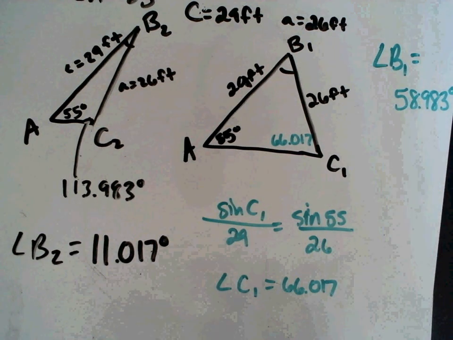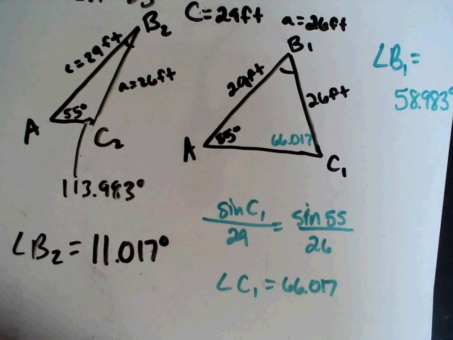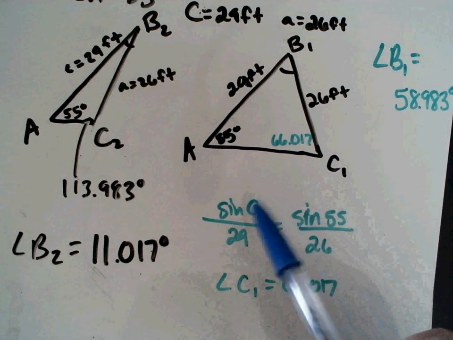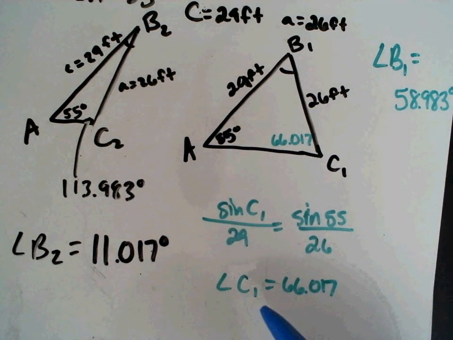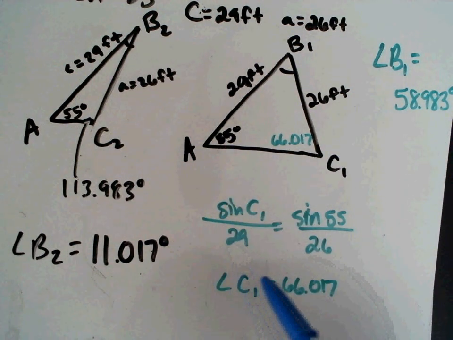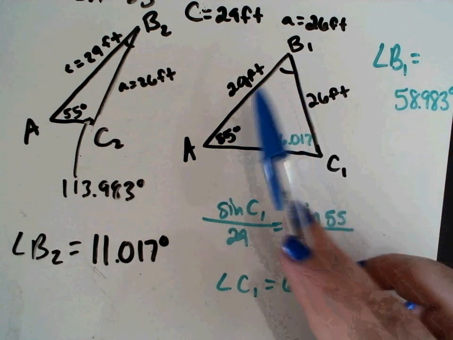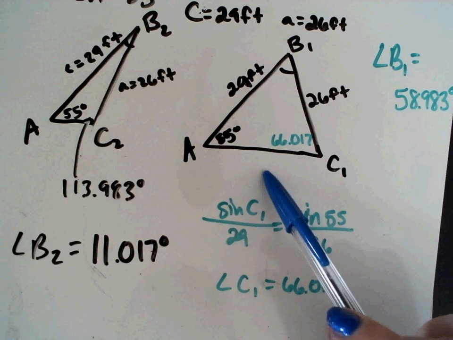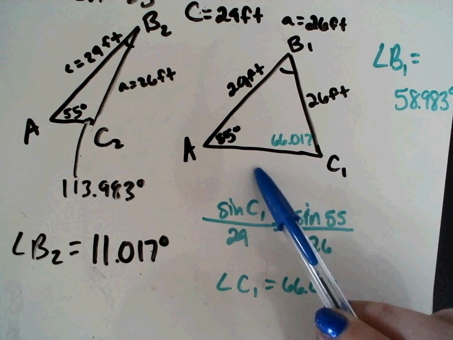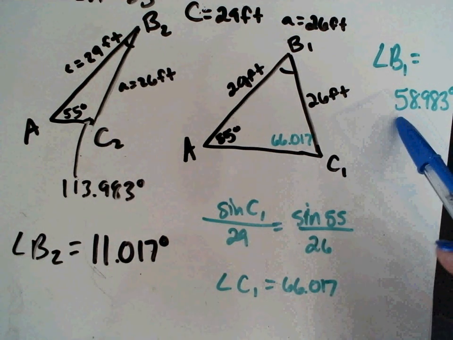I'm going to do number 13 together with you. I do want to say, though, when your directions say just solve the triangle, remember you're supposed to solve all the other things. In this one I have angles A, B, and C. I have two of the side lengths. I would need to do the law of sines one more time to solve for side B if I wanted to.